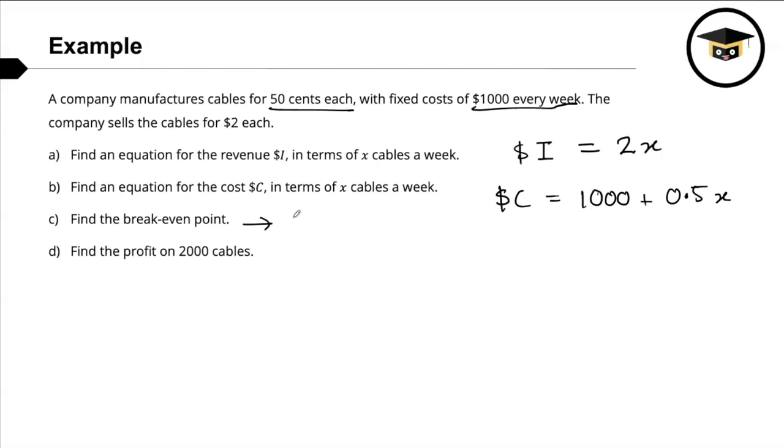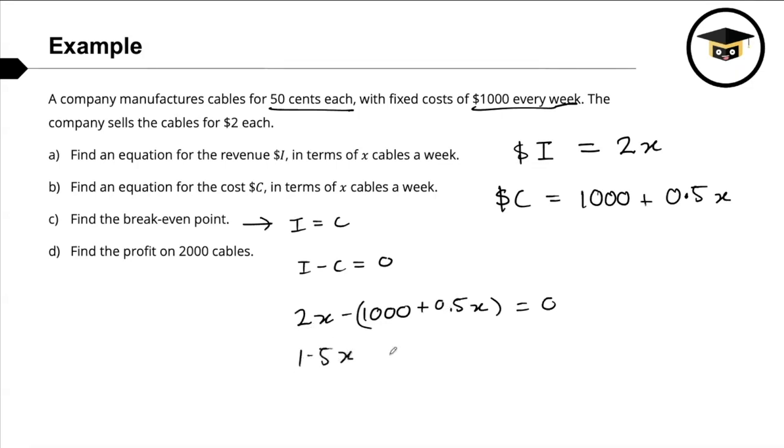So part C is find the break-even point. Obviously, breaking even means your cost is just equal to your revenue. So if we want to let that happen, we say I is equal to our cost. So in this case, we're going to say I minus C equals 0. So 2x minus 1,000 plus 0.5x equals 0, which means 2x minus 0.5x is 1.5x minus 1,000 is equal to 0.